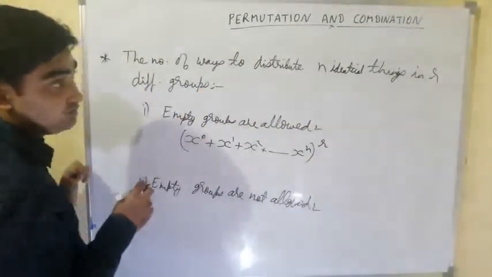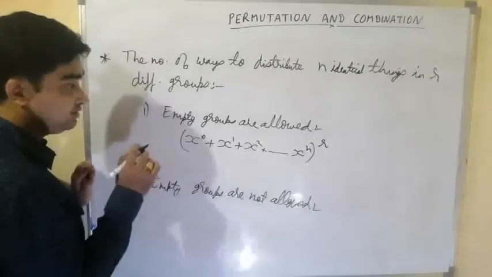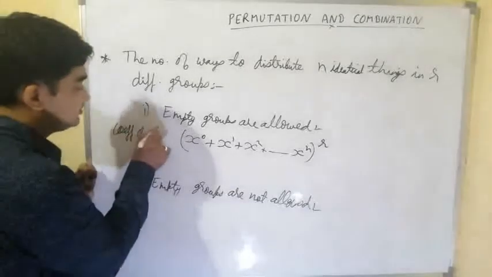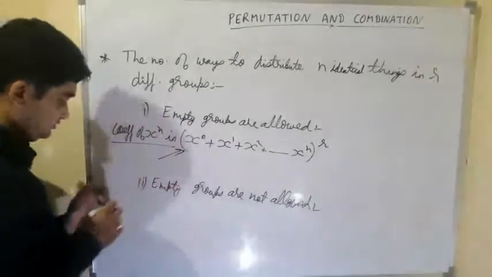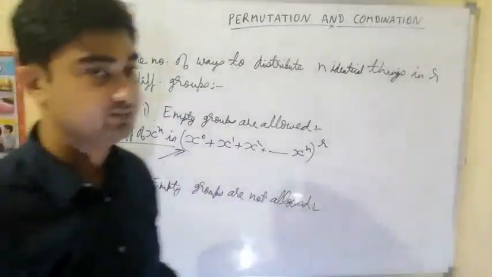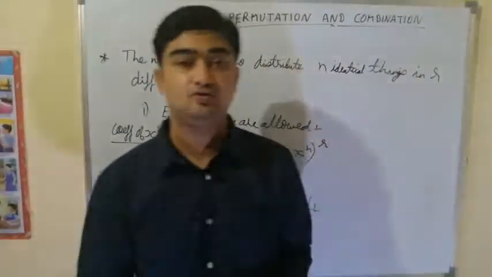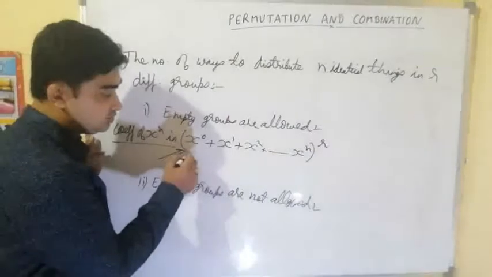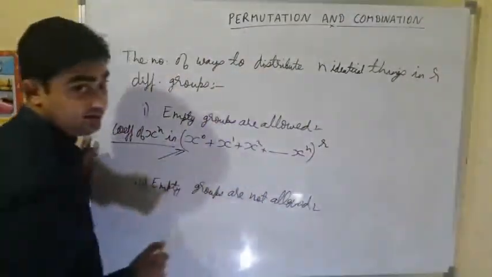And what we want? We want to distribute n things in r different groups. So we have to find the coefficient of x power n in this. That is the answer. This is nothing but multinomial theorem. In multinomial theorem, what we do is we write the possibilities as that we can take, there are n identical things.